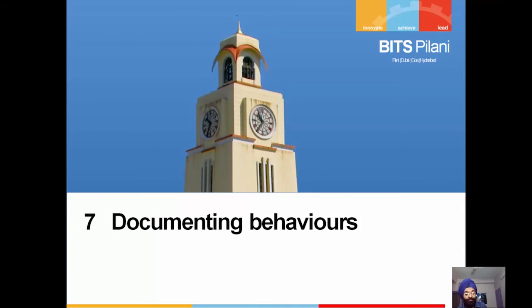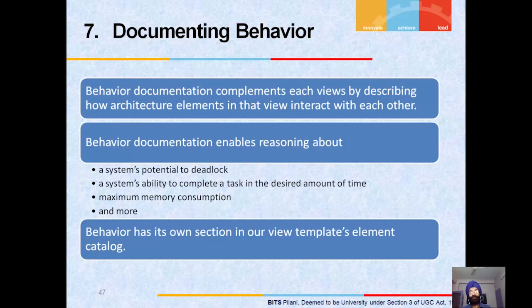Now we come to documenting behavior, which has not been covered under the classic documentation we talk about under software architecture. We now bring in the concept of documenting behavior, a subject which basically moves from architecture to design. More concern of the designer, but architects like to give some preliminary idea of behavior to the designers.